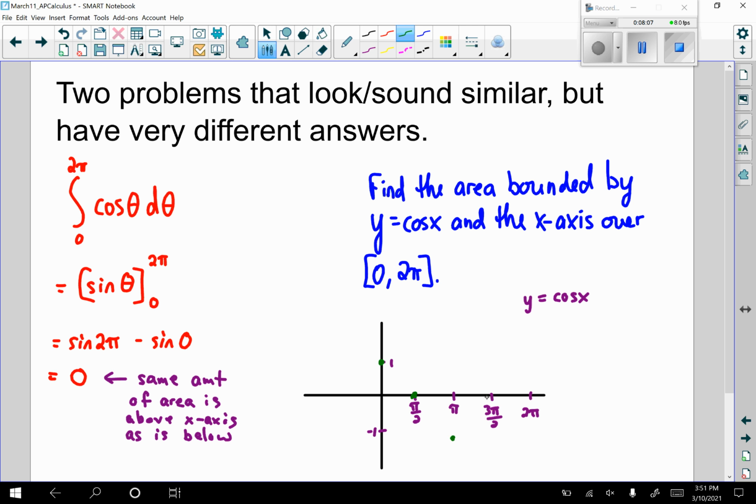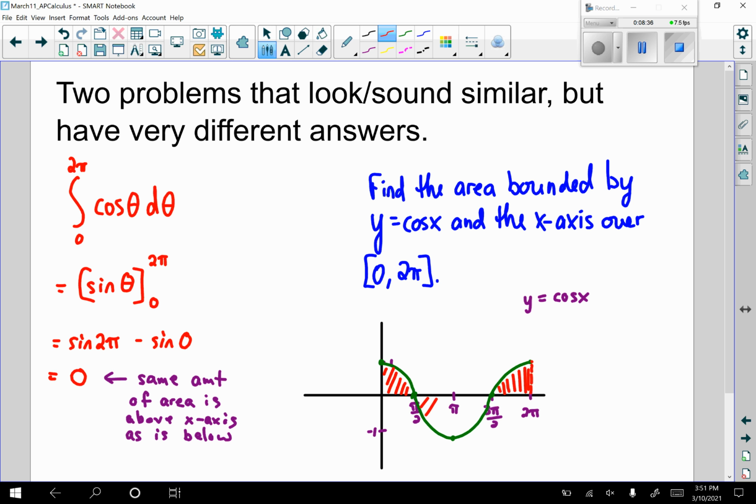All right, so again, we are just graphing y equals cosine x, again, from 0 to 2 pi. So this part has an area that's shaded above. Going over here, this is also shaded above.